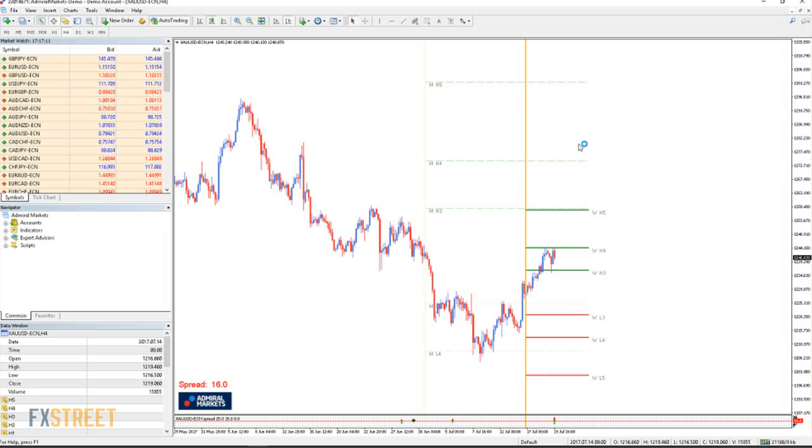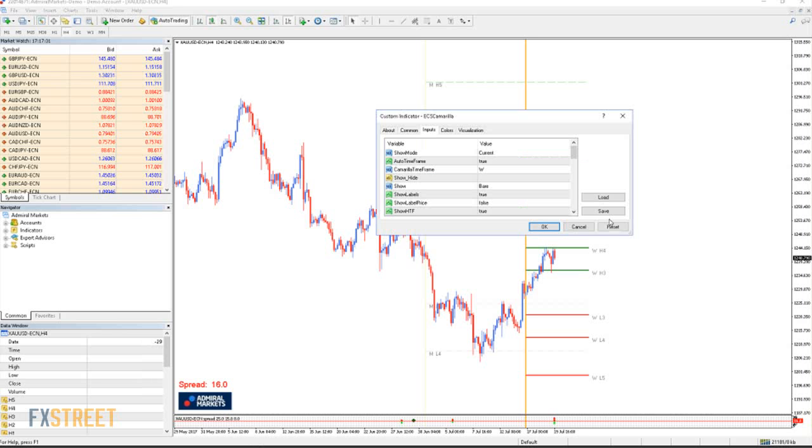Usually during the day, if the range is respected, we might have 2 4-hour entries. With this custom indicator that I use, we can switch through different time frames. We can show different time frames on the same chart, and it can also show me label price and trade levels.